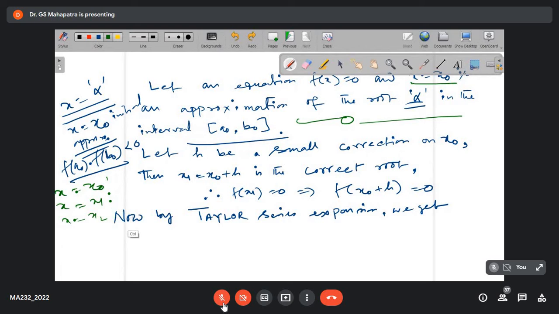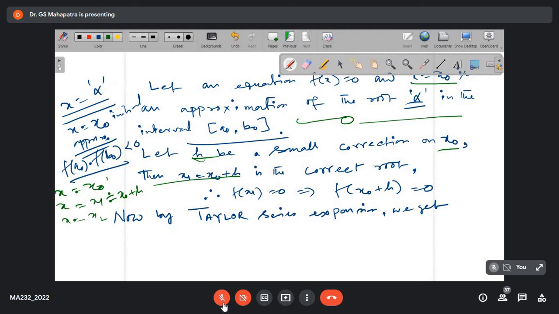Now let h be the small correction on x0. That means x equals x0 plus h. Then x1, which is x0 plus h, is the corrected root. We know this is also not the exact root, but it is a better, improved root.